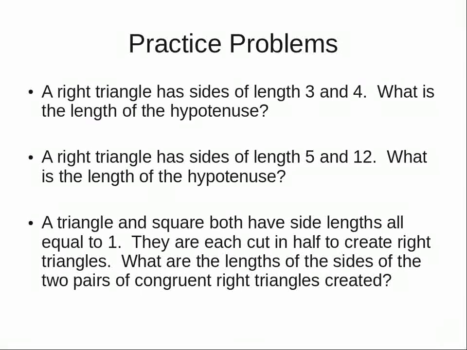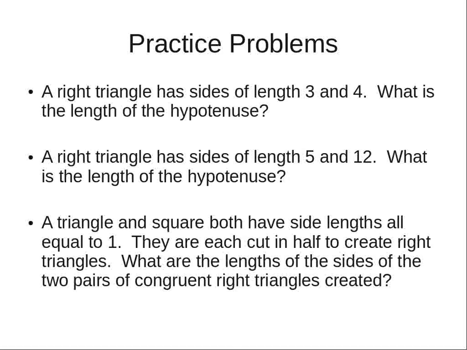Next topic. Would you please answer the following questions? A right triangle has sides of length 3 and 4. What's the length of the hypotenuse? Next question. A right triangle has sides of length 5 and 12. What's the length of the hypotenuse? Last question.